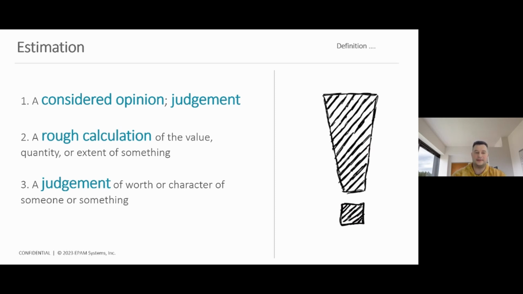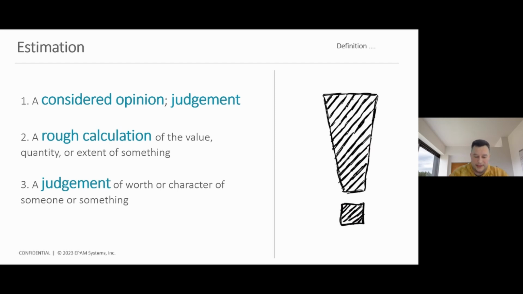Why? Because in that key point, we're going to see what actions or preventive actions we need to take to make our estimation, especially a common estimation, not a rough calculation or just a general judgment, but more precise. Why? Because every person has their own opinion based on their own experience.